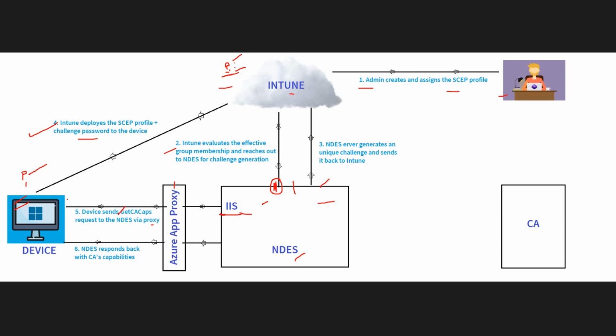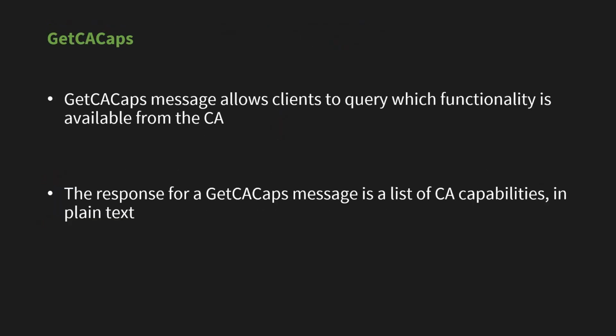So where do we track it from? We can track it from here when the device is generating the get CA caps request, and we can track it from here as well when the device has successfully sent the get CA caps request to the IIS of the NDES server.